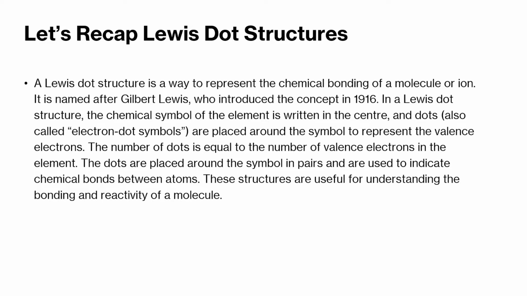Before we understand how to really construct these VSEPR structures and understand molecular geometries for covalently bonded compounds, we're going to need to remember Lewis dot structures, how we construct them, how they generally look. It is a form of chemical representation.